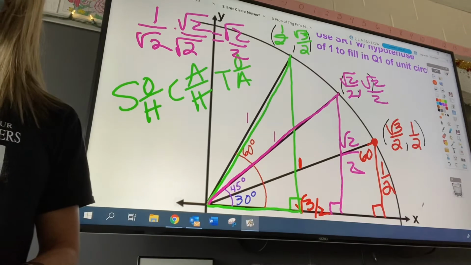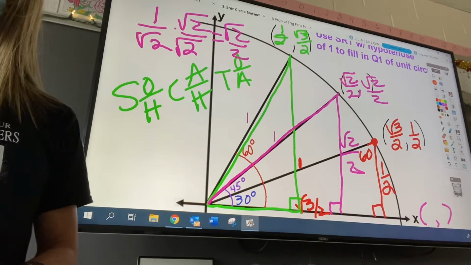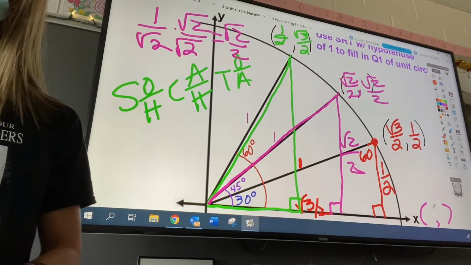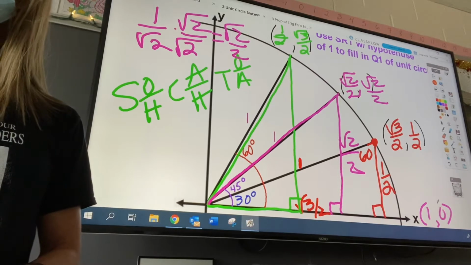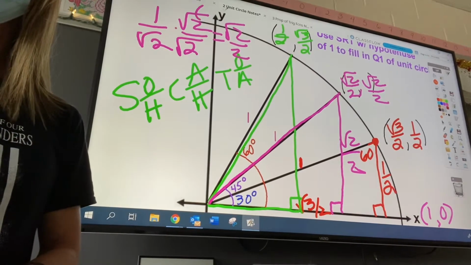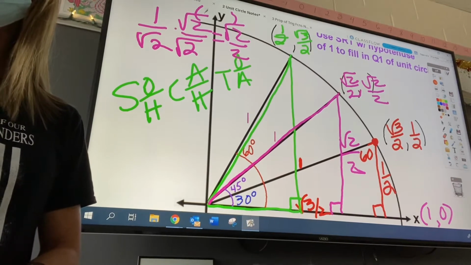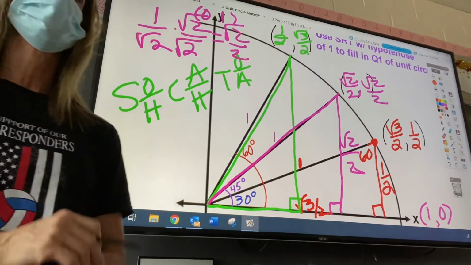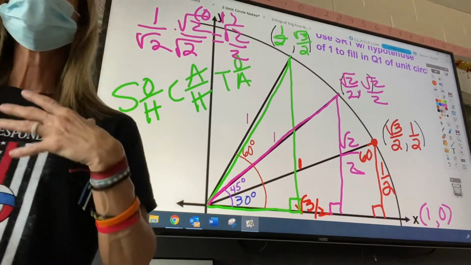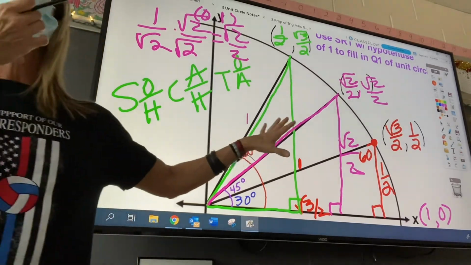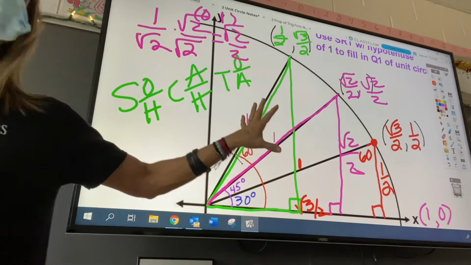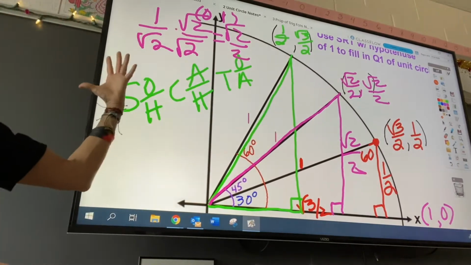And then this ordered pair right here, the x coordinate is 1, the y coordinate is 0, and up here, the x coordinate is 0, and the y coordinate is 1. How are we doing? If you know all of those values from quadrant 1, we can just basically reflect them.